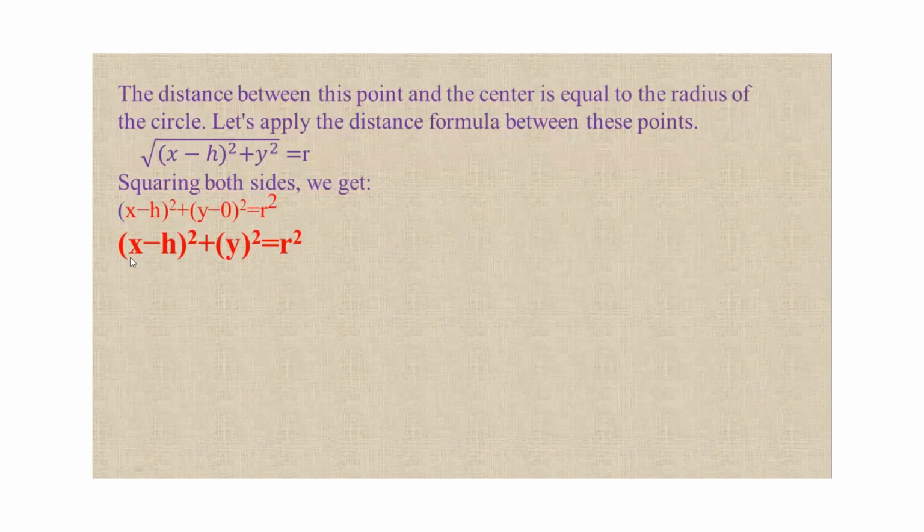Squaring both sides, (x minus h) squared plus y squared equals r squared. This is the equation of a circle when the center is on the x-axis.